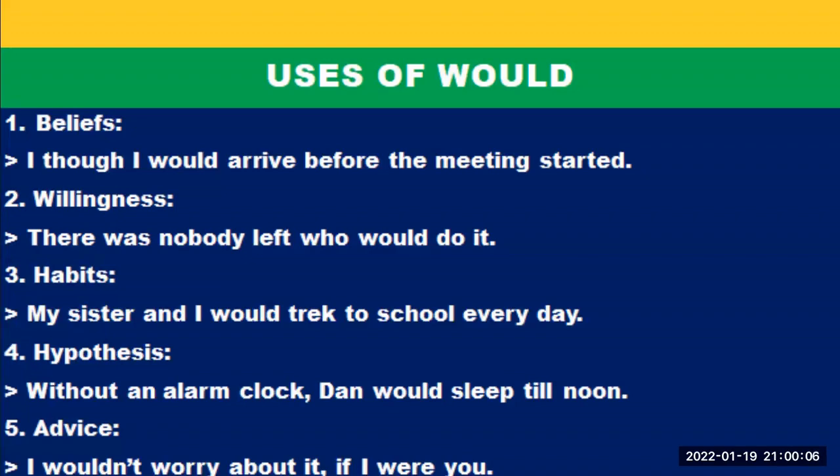Now, you could also, for example, talk about if I had the money, I would buy the new house. If I had the money, I would buy the new house.